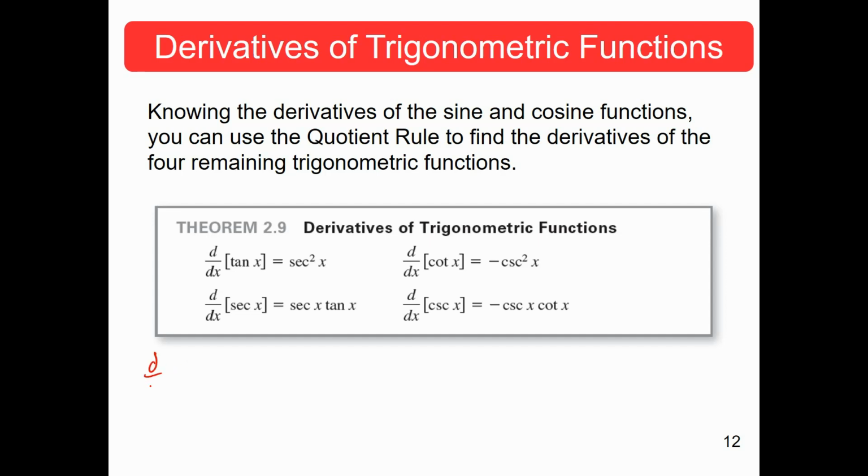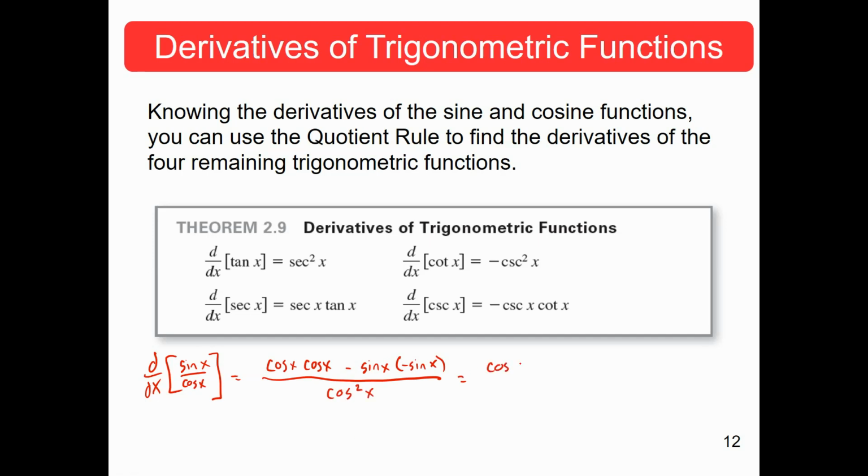So we know that tangent is just sine x over cosine x, right? So the derivative of a quotient is low d high minus high d low over low squared.